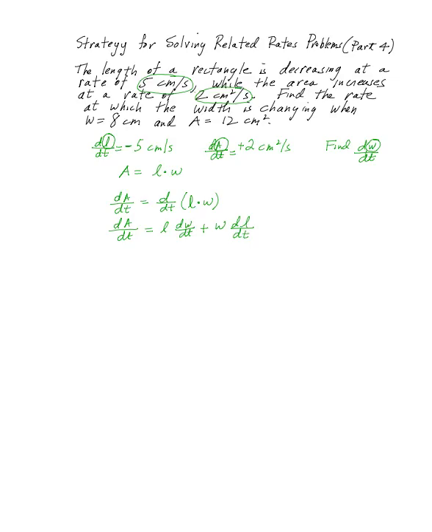So I just take this equation and substitute what I know. dA/dt, the derivative of area with respect to time, is 2 square centimeters per second. So I'm replacing dA/dt here with 2 square centimeters per second equals L.